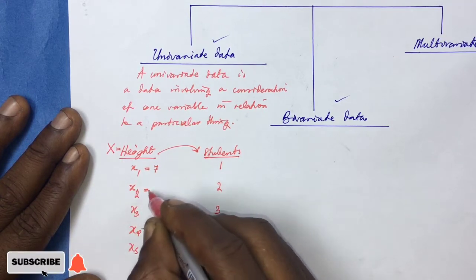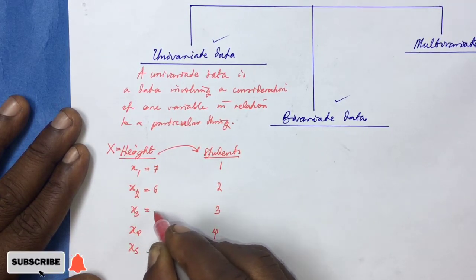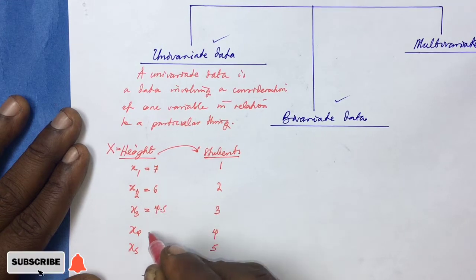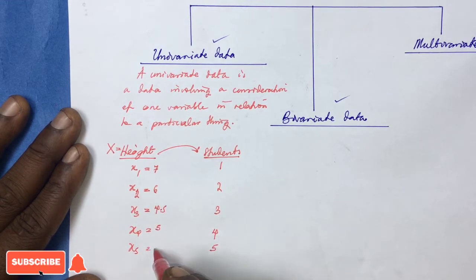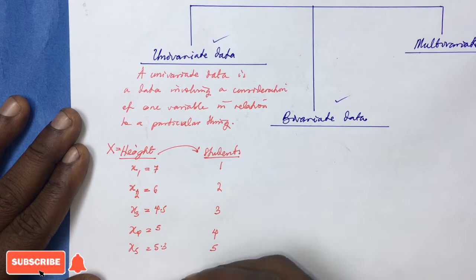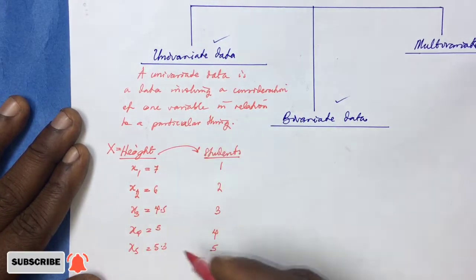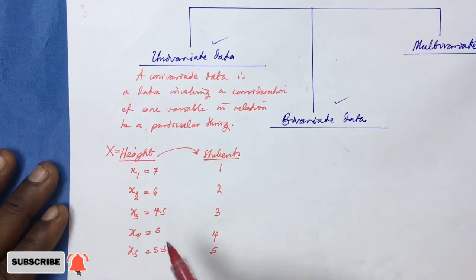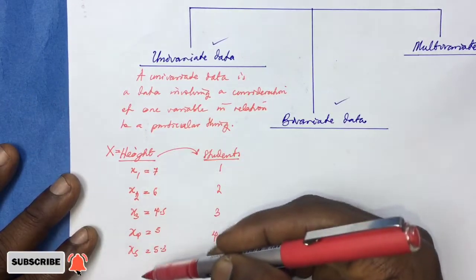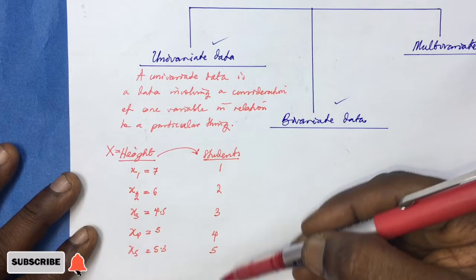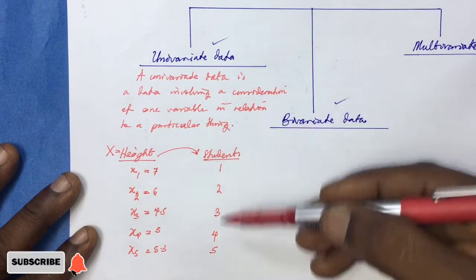Another height 6, this one 4.5, this one 5, and this one 5.3. If these are the heights of the 5 students, then this makes a univariate data, simply because you are talking about one variable in relation to a particular group of objects, in this case students.